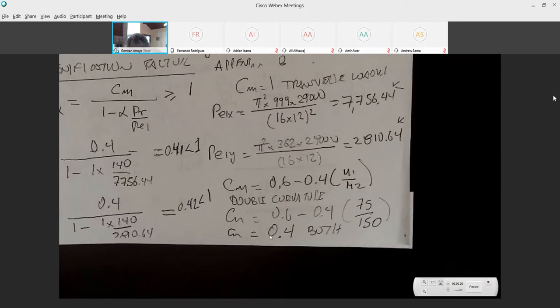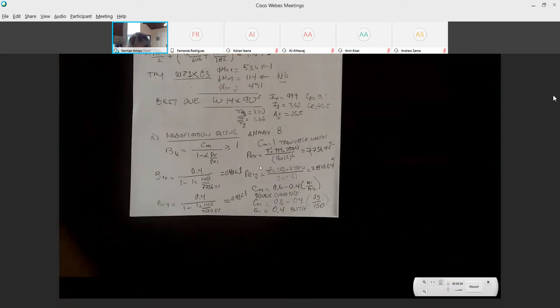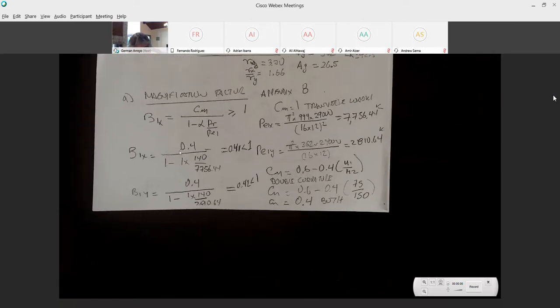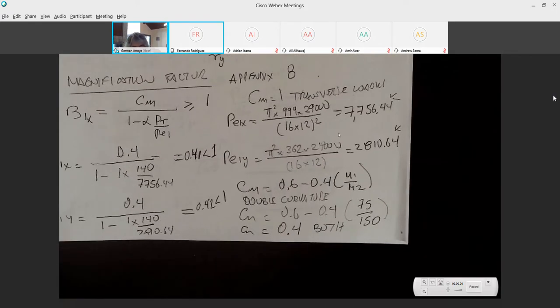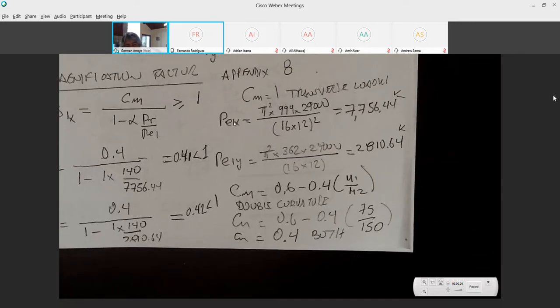So for both of them, we have 0.4. C sub M is equal to 0.4. So in this formula, 0.4, 0.4. This is P sub u, 140, 140. What is going to change is this value, P sub e1x, P sub e1y.